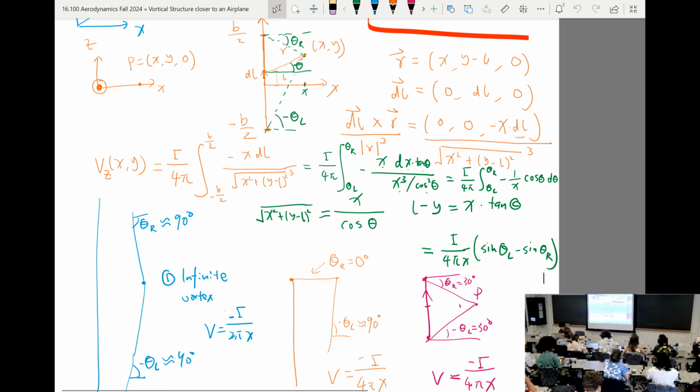Yeah, actually, L minus y. L minus y is the y directional displacement between P and the segment of vortex we are integrating. So that is actually equal to x, the other x coordinate, times the tangent of theta, right?